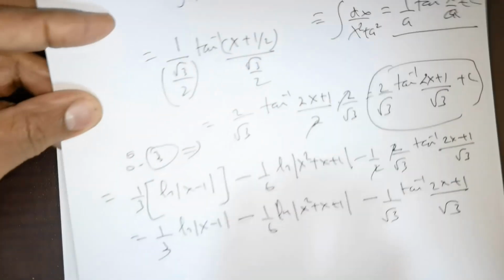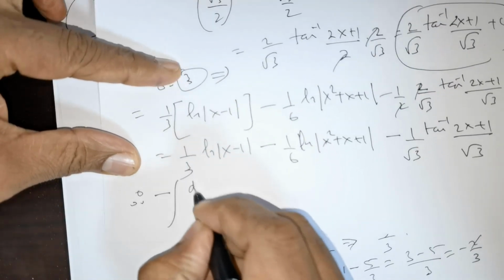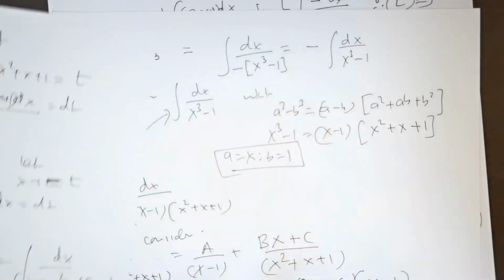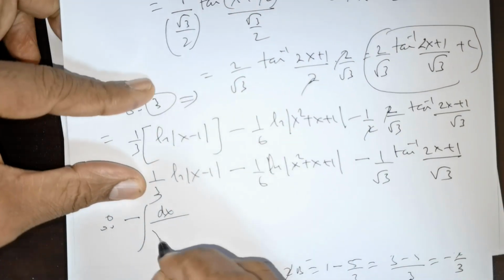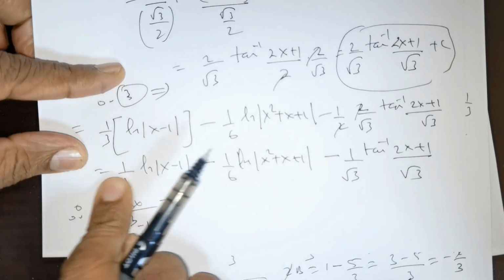Therefore, negative integral dx divided by x cubed minus 1 is equal to, you've got to multiply everything by a negative sign.